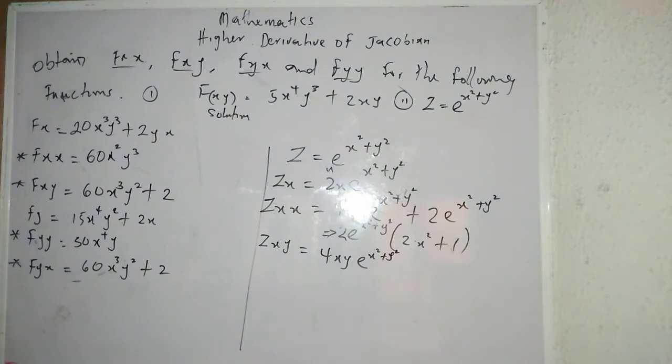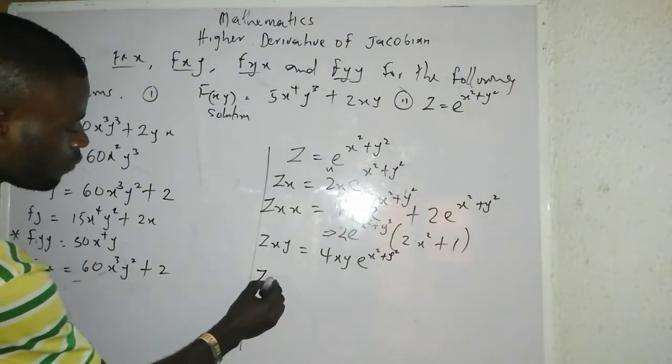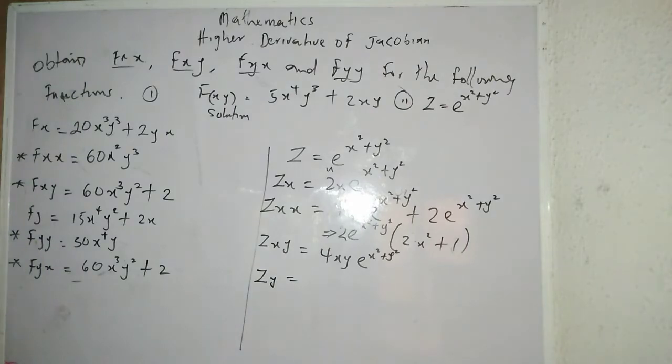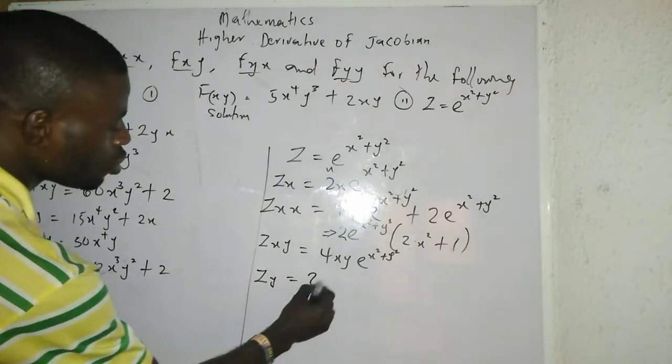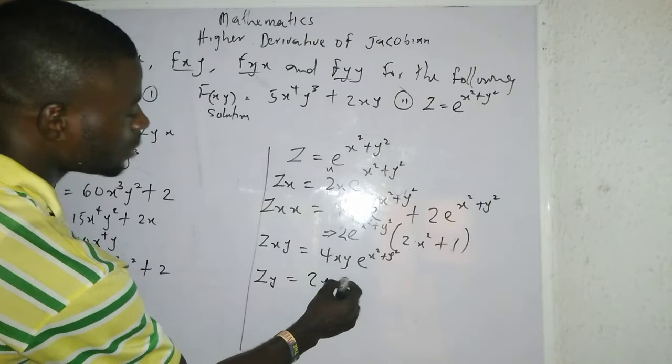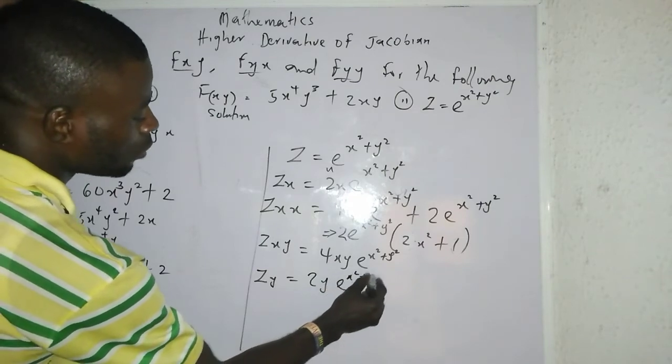Now, if I move on to z of y, I'll be having z of y will be 2y e raised to power x squared plus y squared.